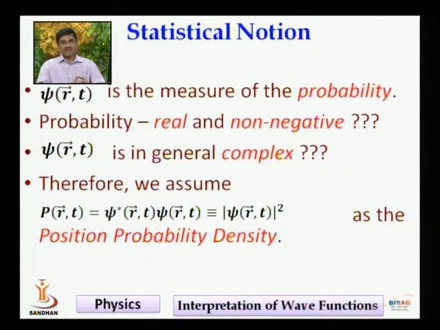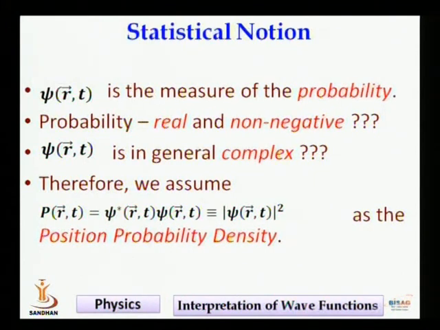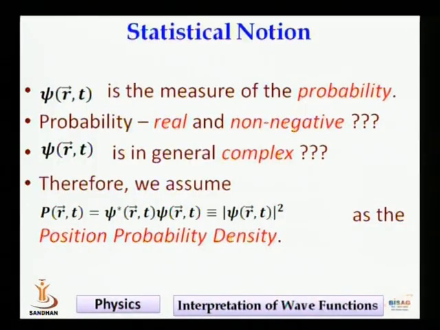So let us say psi, which is of course the measure of probability, but the actual value of the probability can be calculated by its absolute square. So we have now defined with this mental experiment that the function psi multiplied by its complex conjugate, that is psi star psi, is in fact giving the position probability of finding a particle at a space r and at a time t.